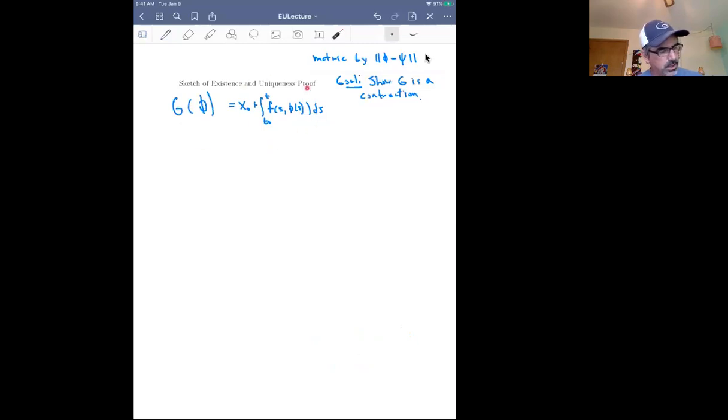But we know that fixed points of this correspond to solutions to the differential equation. And so that unique fixed point of G corresponds to a unique solution of the given initial value problem. That's the whole game plan right there, to show that G is a contraction. If we can do that, boom, we've proved the existence and uniqueness theorem.